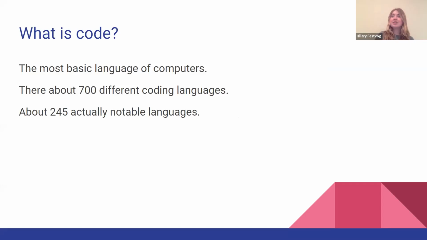New languages keep being made, and some keep going out of style, like how I mentioned Java last time. That's why I say there are about 245 notable languages, because those are commonly used, even though some are not so commonly used. They're just there.